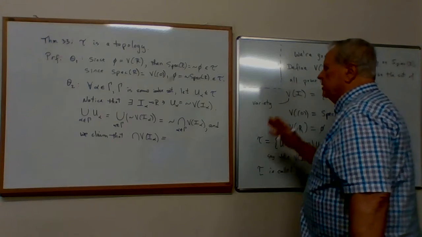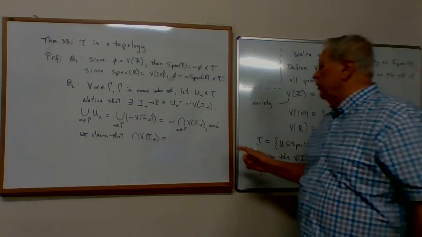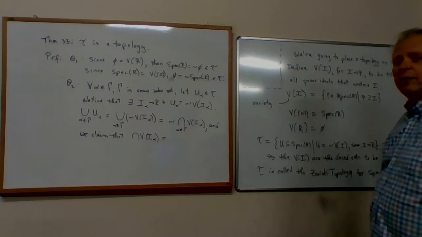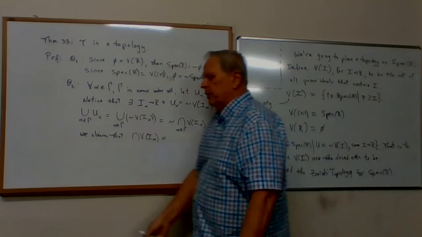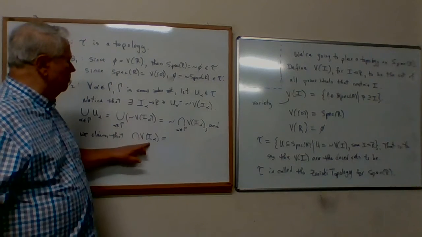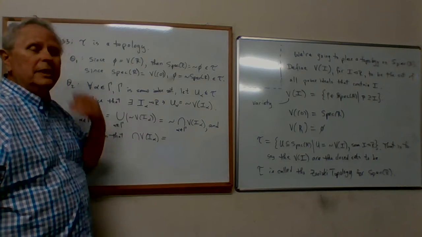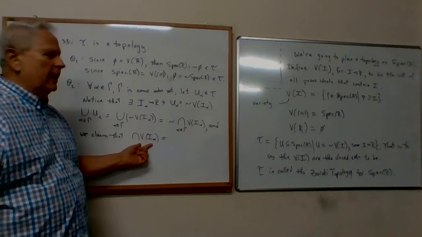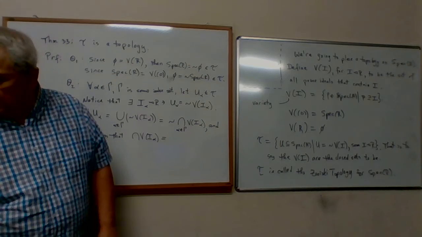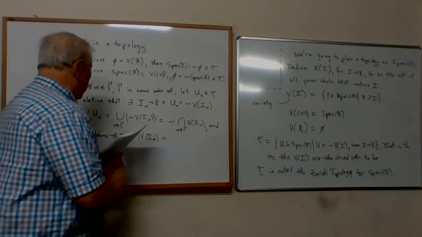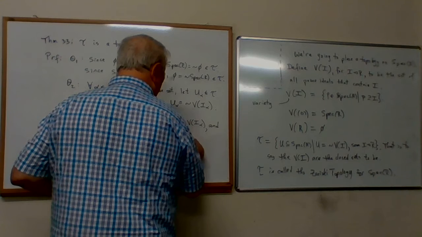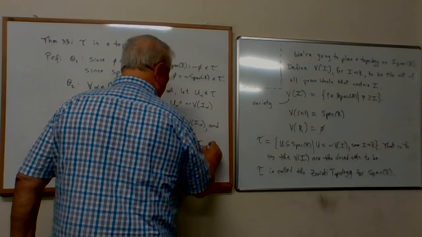So I need to find some ideal so that the intersection of all of these is V of that ideal, because that's the only way that it's going to be a candidate for being closed. So I need to find something. Now notice, the more and more of these things that you intersect, the more you're limiting this set. And so the ideals would have to get bigger and bigger. Let me show you what I mean. We claim that the intersection of these is actually V of the sum of the I sub alphas.